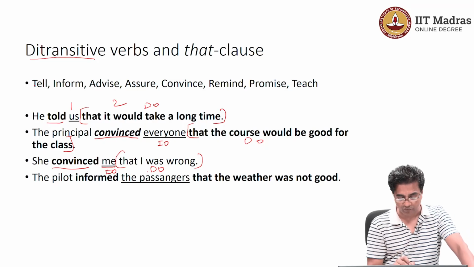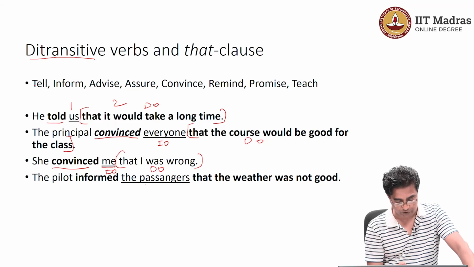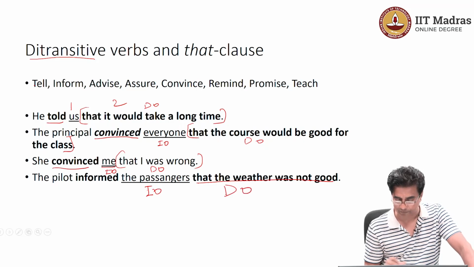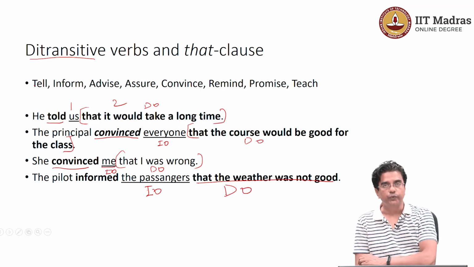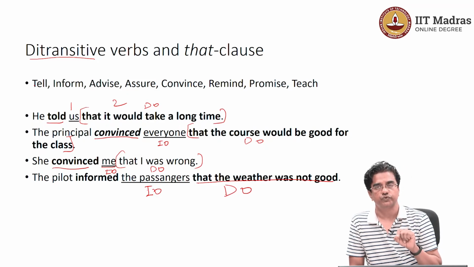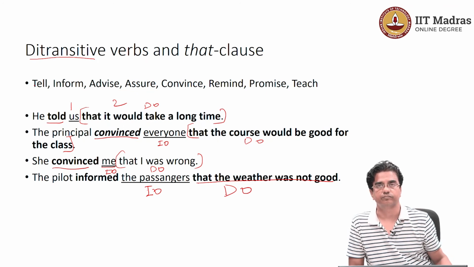The pilot informed the passengers that the weather was not good. Indirect object, direct object. So, that clause can also be used as an object of a ditransitive verb.